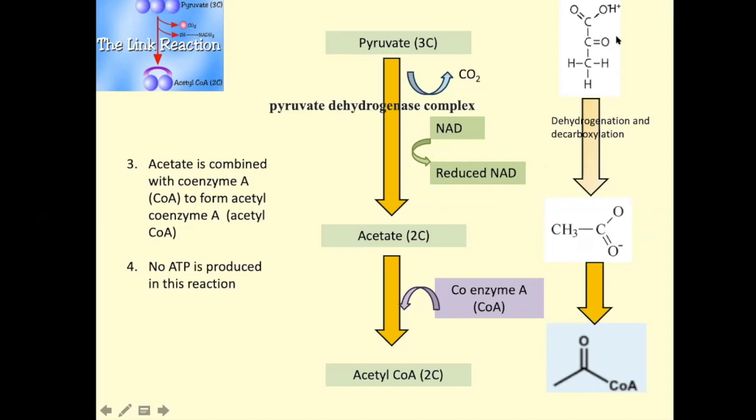So it must actually be pyruvic acid at this point. Without the H plus, it's pyruvate. With the H plus on it, it becomes pyruvic acid. Unfortunately, people don't really distinguish; you just call it pyruvate all the time. But I cannot see how that can reduce NAD if it didn't have a hydrogen on it, but we'll see. There's perhaps a reason for that.